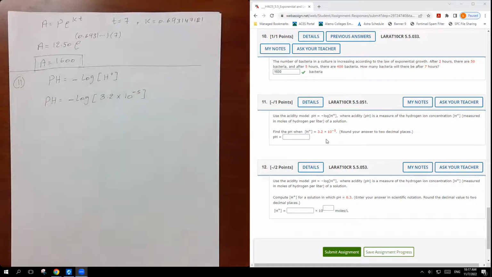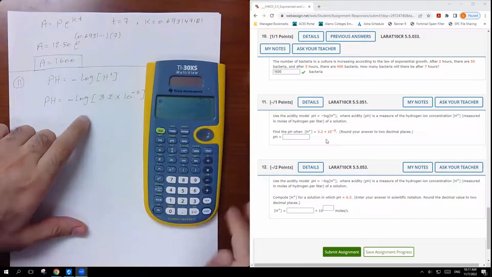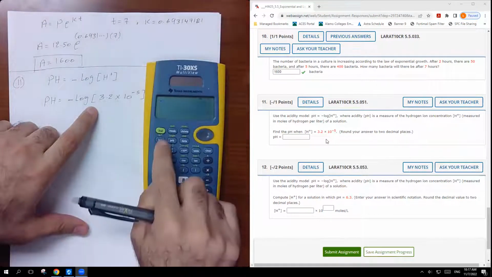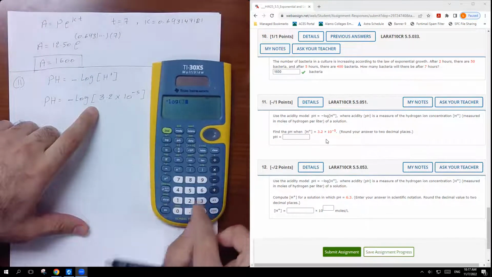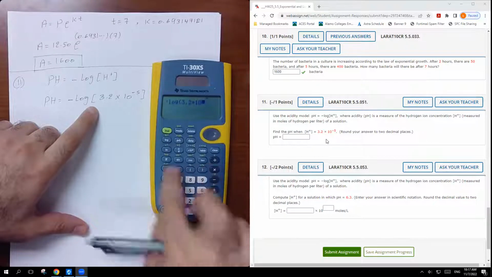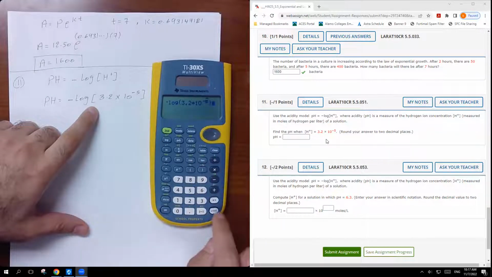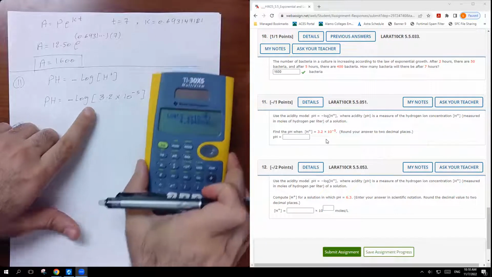So we're just going to plug in everything here. I'm going to say negative log of 3.2 times 10 to the power negative 5. Close the parentheses, and it's going to be 4.49.